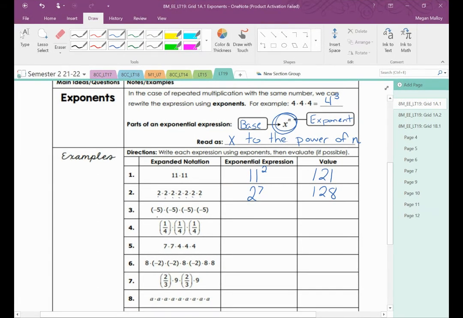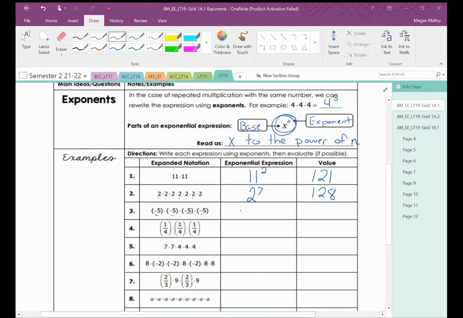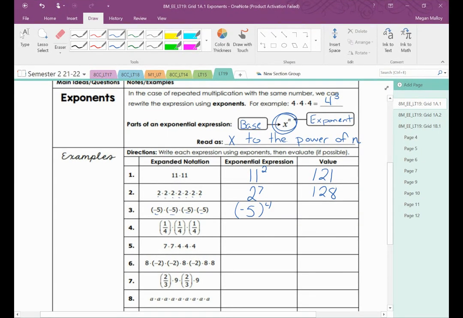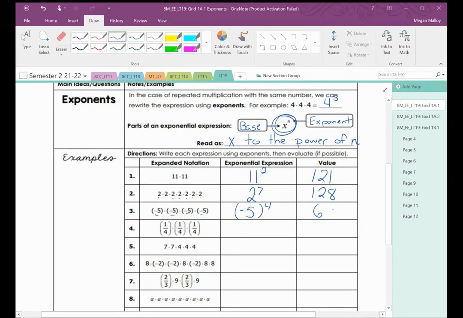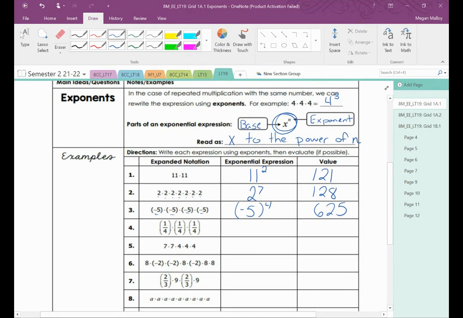Number 3, we have negative 5 multiplied by itself. So our base is negative 5, and it's multiplied by itself 1, 2, 3, 4. So that would be negative 5 raised to the 4th power, and negative 5 to the 4th power is 625. Okay? When we have fractions, it's the same thing.